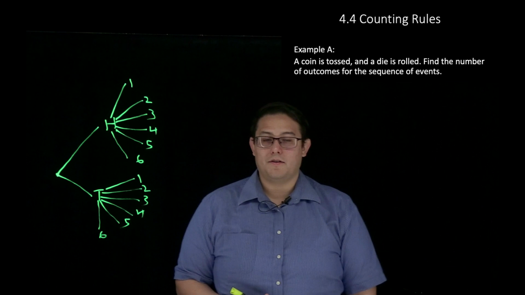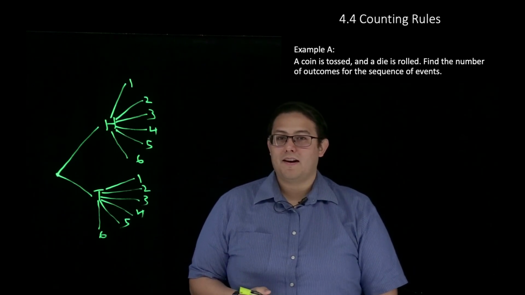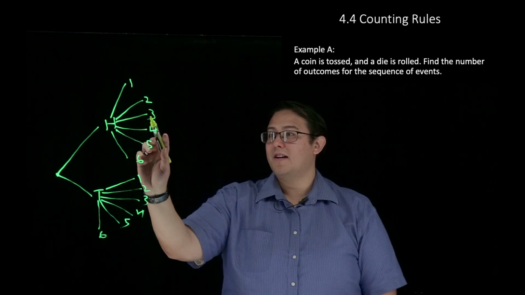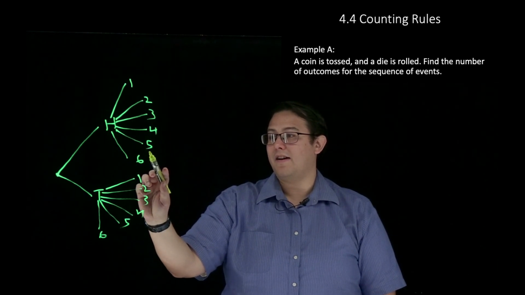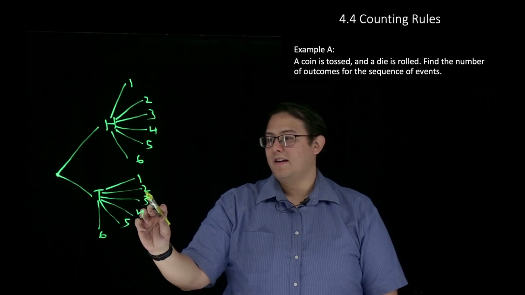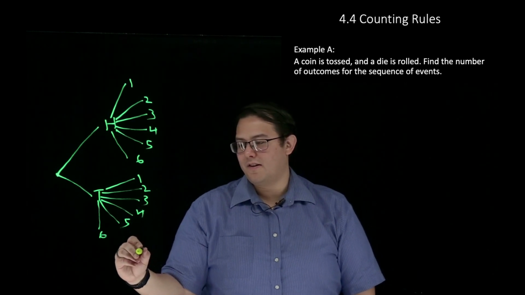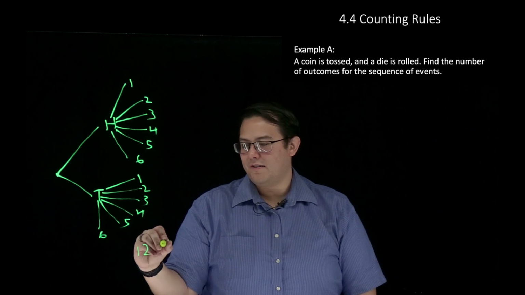So if you want to count the total number of possibilities, then we got to count the ends of the branches. So then there's going to be 1, 2, 3, 4, 5, 6, 7, 8, 9, 10, 11, 12. So there's 12 different ways.